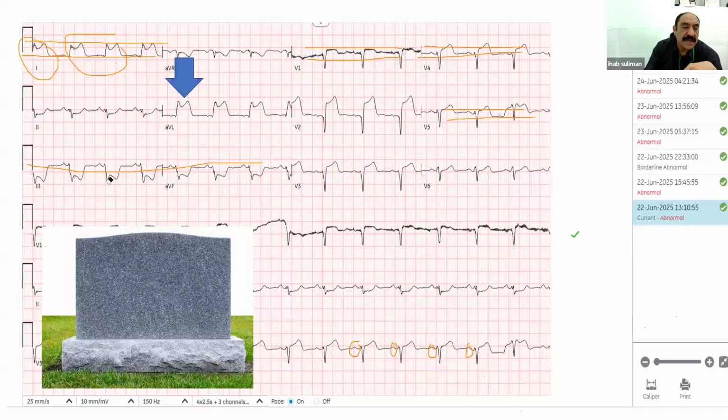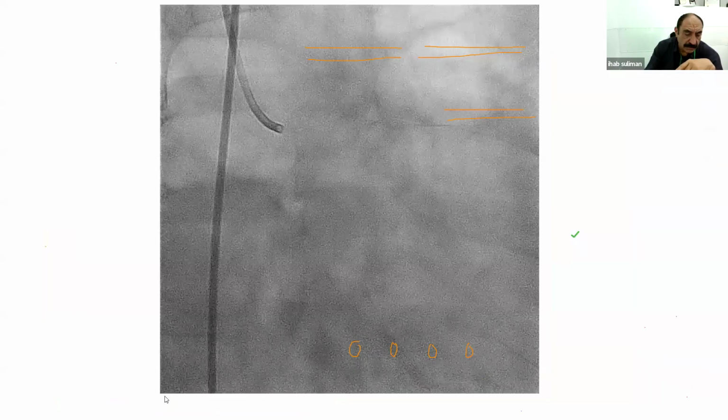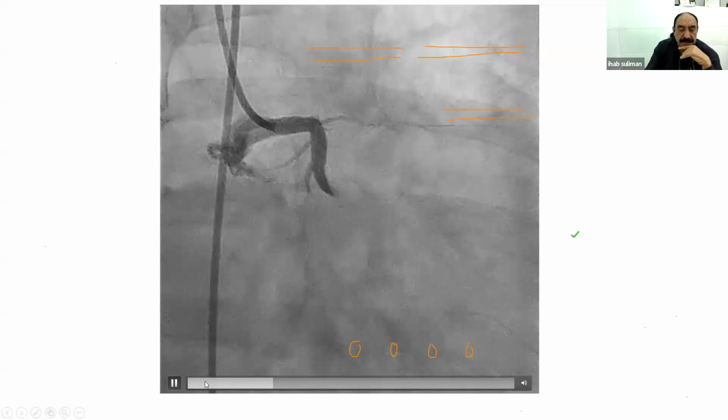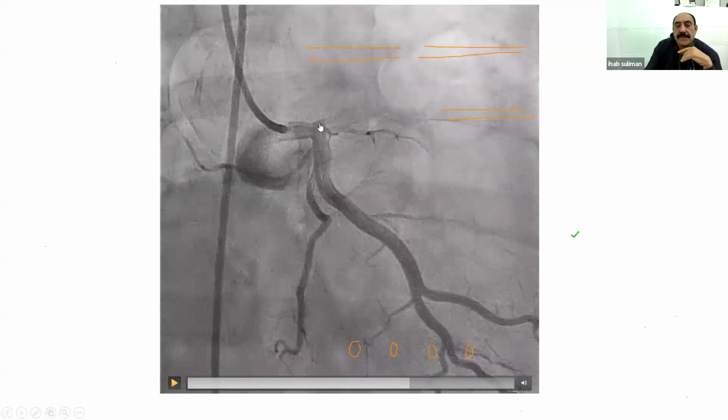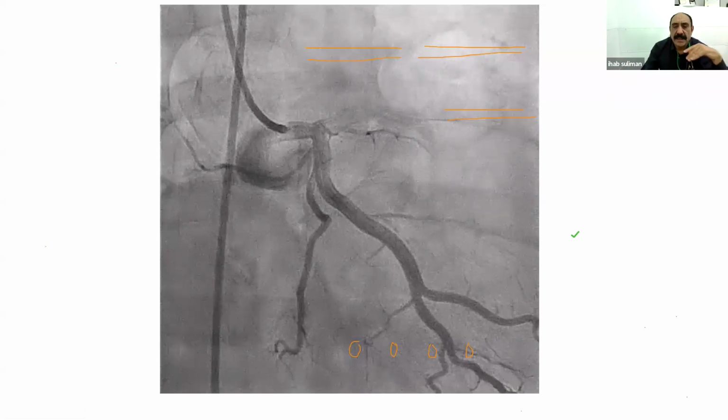Let me show you his LAD. I will show you the angio findings of this patient who came about two weeks ago with this MI. I'm going to play the angio. The LAD is almost totally gone. It is occluded completely. This is the circumflex artery.